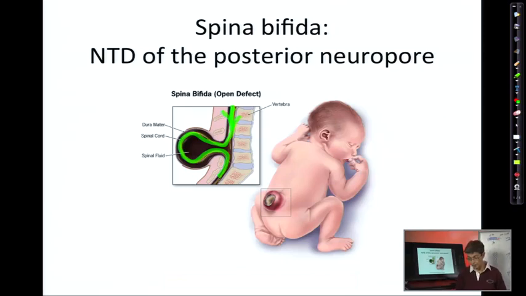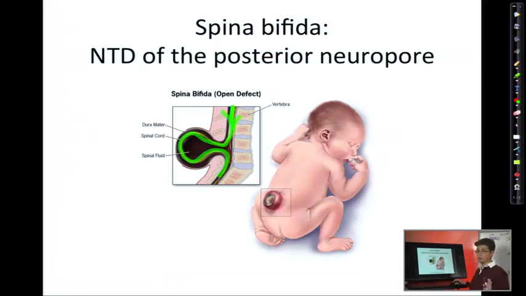And that's how these things come to light. So spina bifida is of very variable severity, from completely without symptoms, asymptomatic, to needing surgery and also causing permanent disability. Okay.